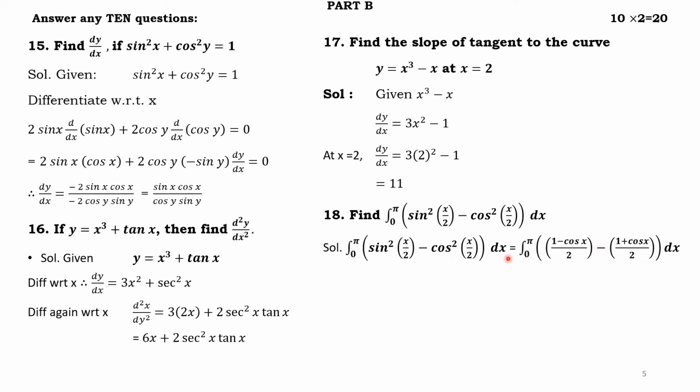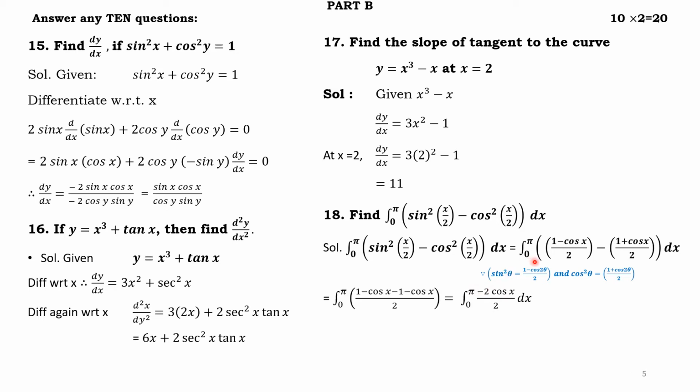That is, we are using the half angle formula: sin squared theta is equal to 1 minus cos 2 theta by 2, and cos squared theta equals 1 plus cos 2 theta by 2. This formula we know from the trigonometric functions. You have to remember, and you please note down all these things and practice.